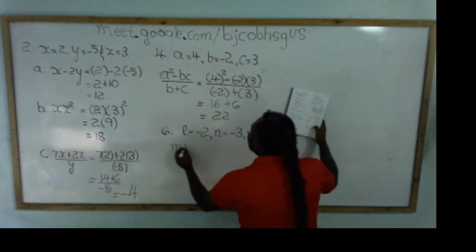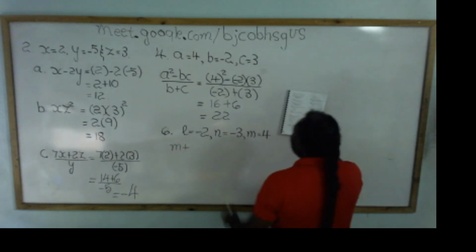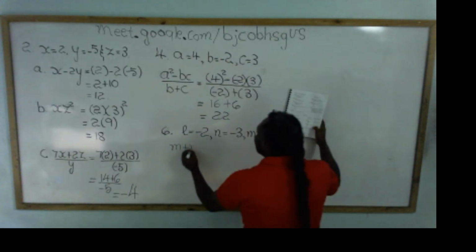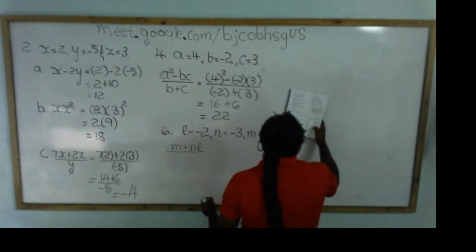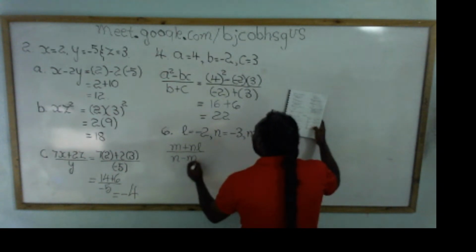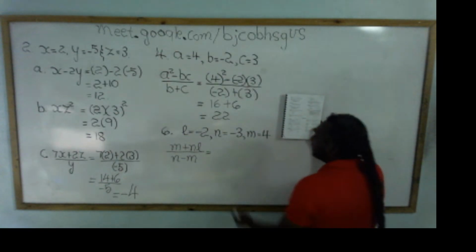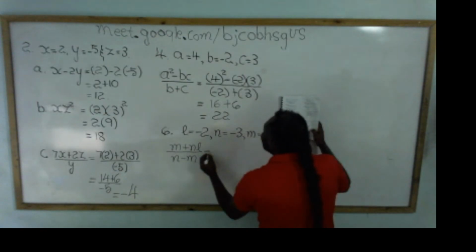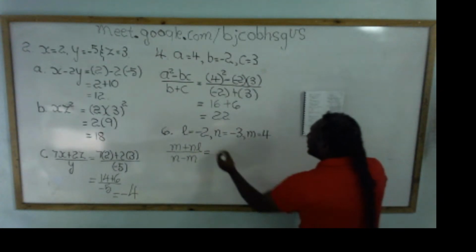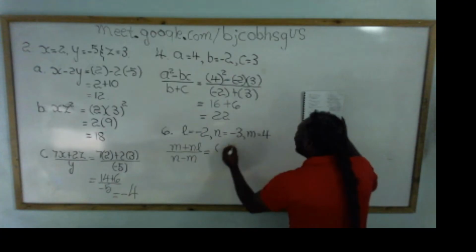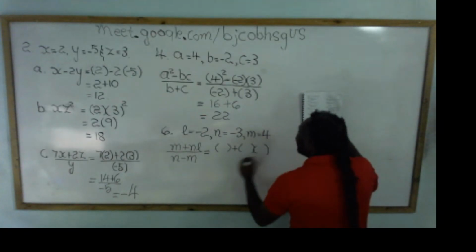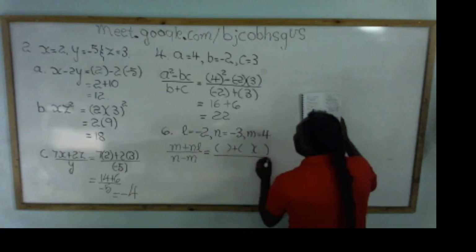M plus NL over N minus M is equal to, of course, you're going to write your template. Something plus something times something, all over something minus something.